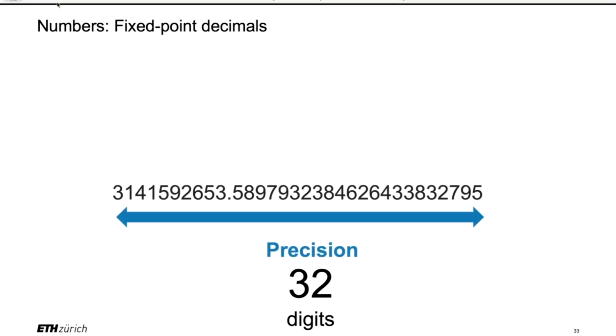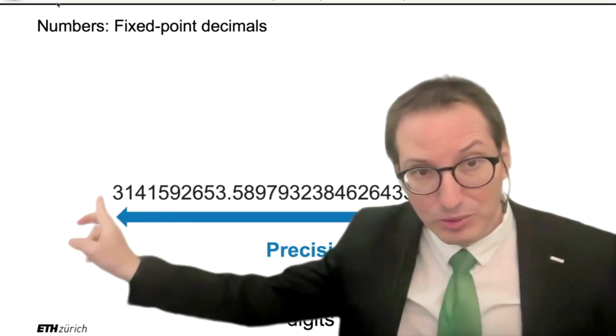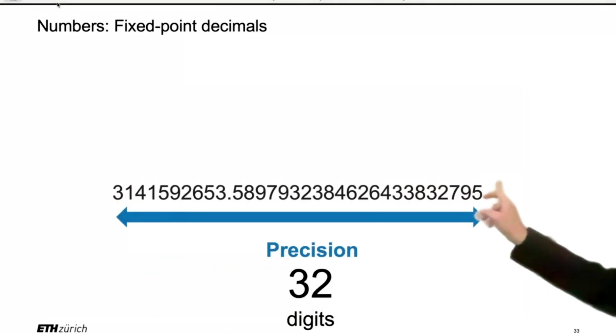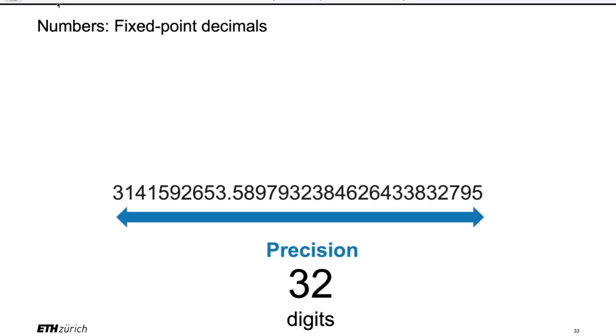And here is how they work. You need to specify 2 things when you have a type like that. The first thing you need to specify is the precision. The precision is the total number of significant digits that you want. I gave you an example with an insane precision of 32 digits in base 10, right? I'm thinking decimal numbers here. So 32 digits, that's a lot of precision.